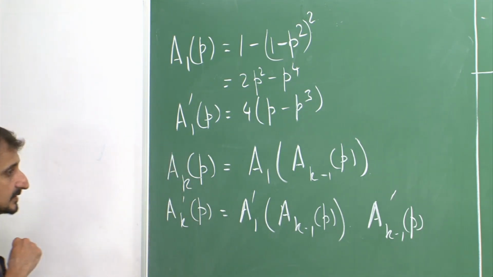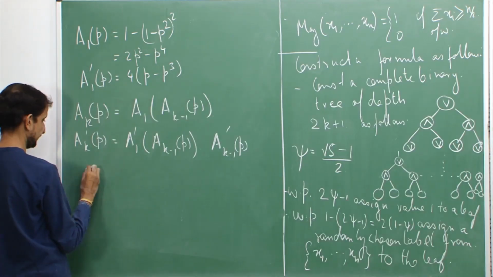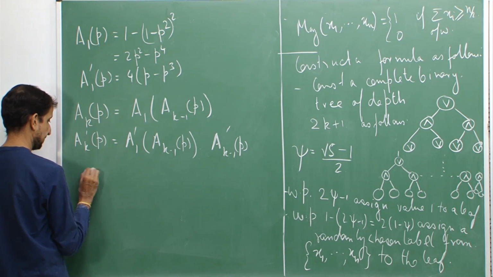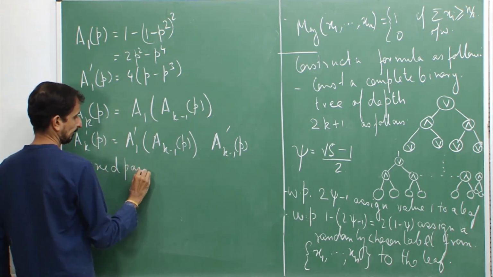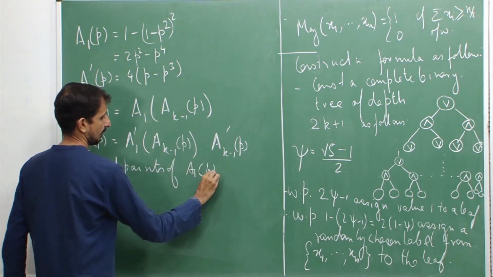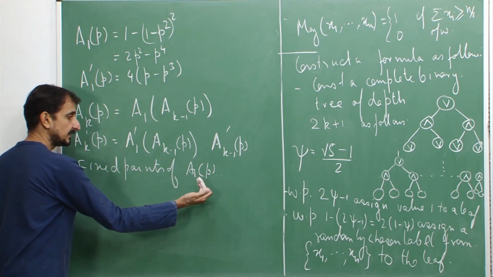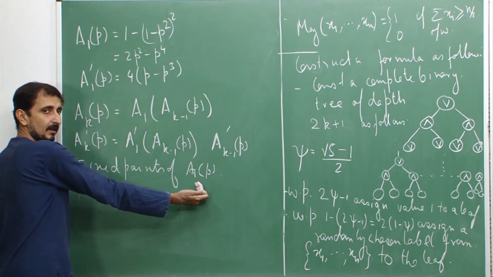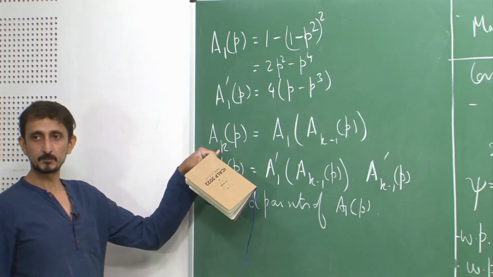Now, let us study what the fixed points of this function are. To study the fixed points, note that whatever are the fixed points of A1(p), those must also be the fixed points of all Ak(p).